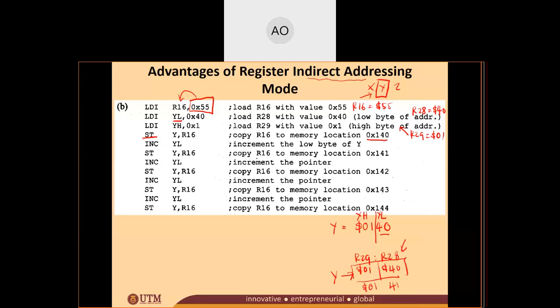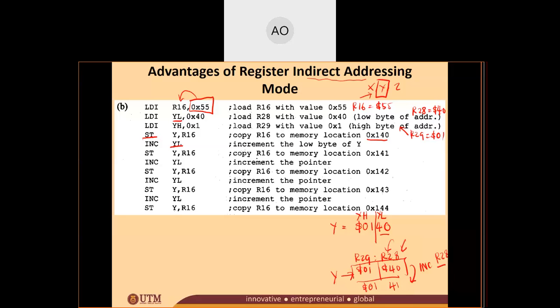So how to increase from 40 to 41? By using the INC instruction. So what register are you going to increment? Is it R28 or R29? Of course, we need to increase R28, because R28 has the value 40. So increase R28, or you can use INC YL.